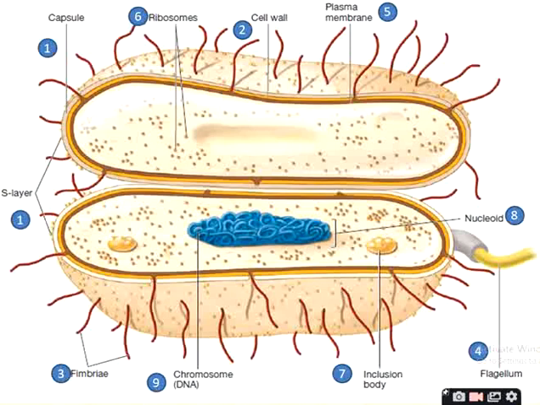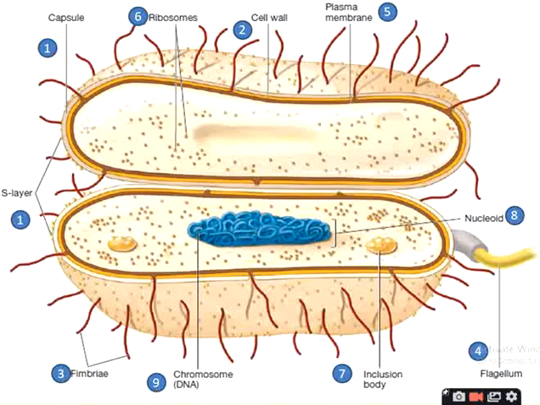Now the third, the fimbriae or pili, are present on the surface of the bacterial cell. Now there are one or more locomotory organs present on the bacterial cell surface, and that locomotory organ is called a flagellum, okay.